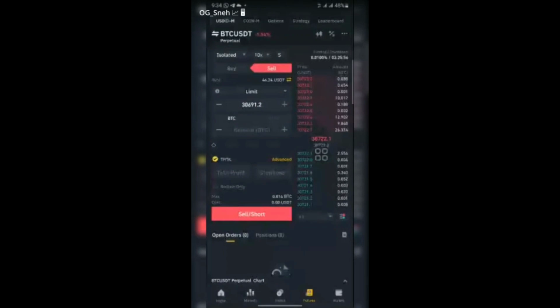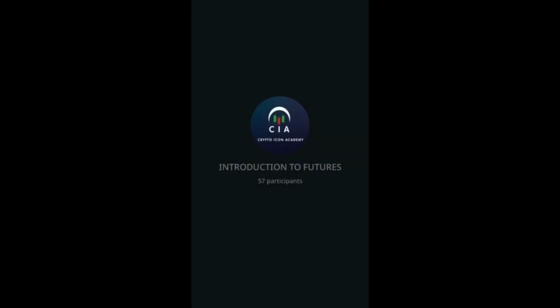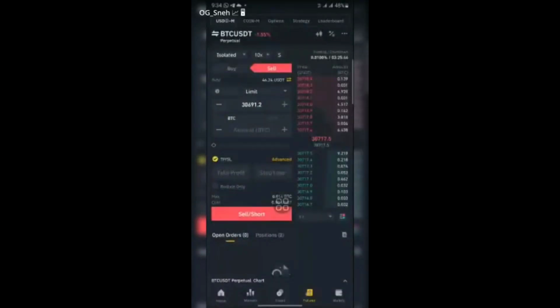So this leverage is how we multiply our money so that we can buy a larger quantity of BTC. Now, let's say I use 100x.